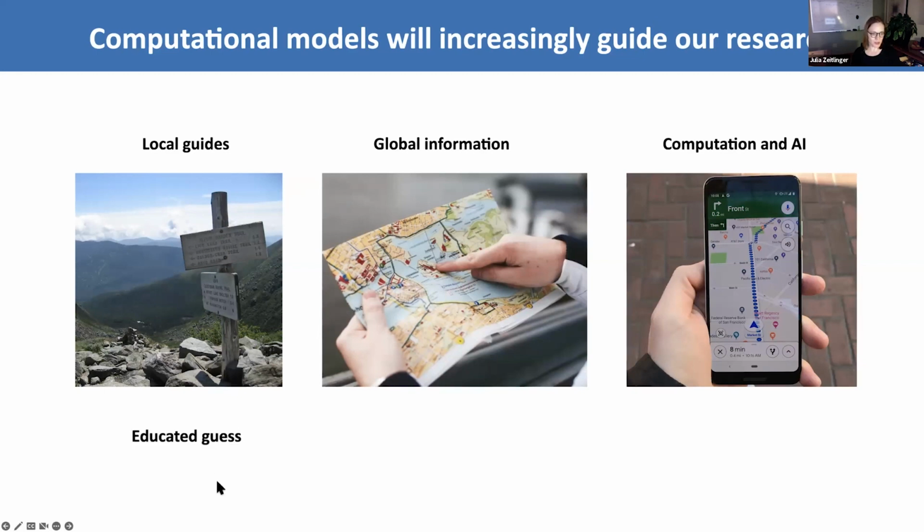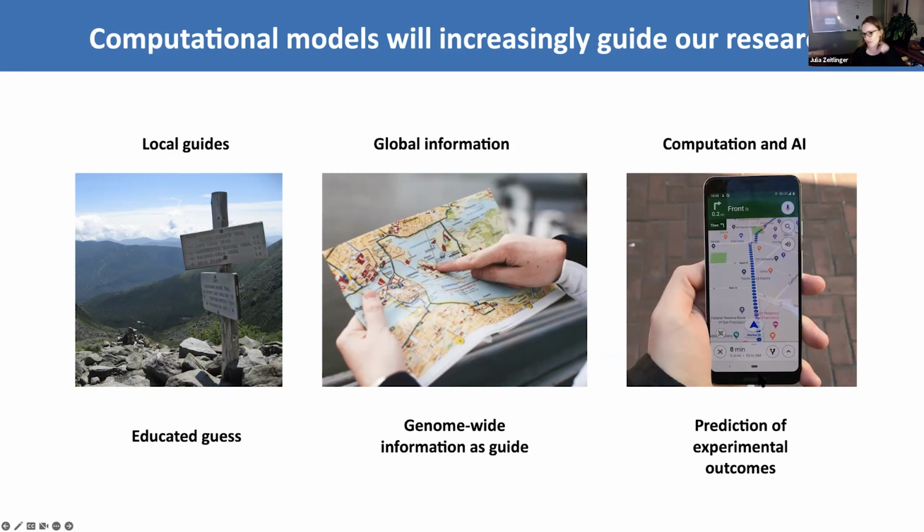And that's also how, in the old days, experiments were done, based on educated guesses of what genes or proteins might be important. Once we had genome-wide data, we could use that information. So maps were tremendously helpful for a long, long time. But now that we have small computers in our pockets, it's really amazing that we don't even need to do a lot of work. We can simply use our device and ask, okay, what time are we going to arrive? How do I get there?